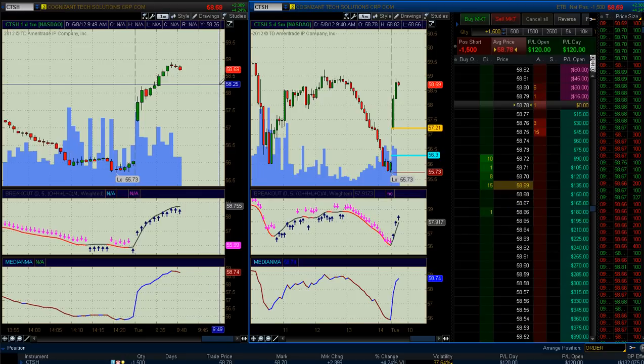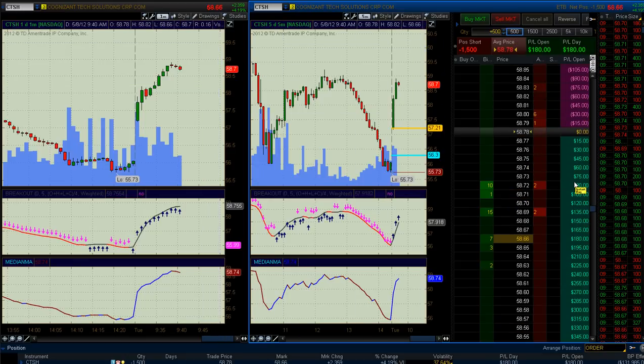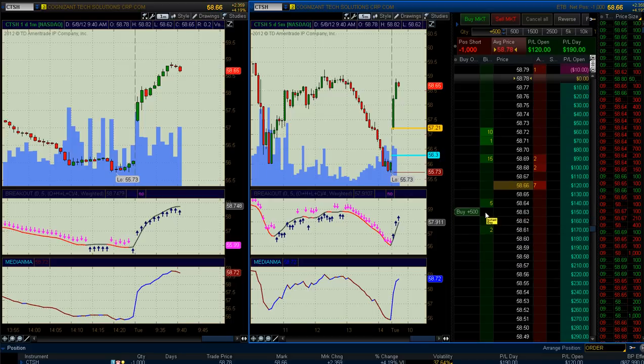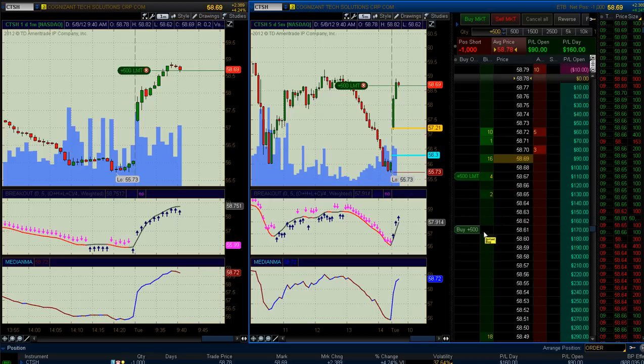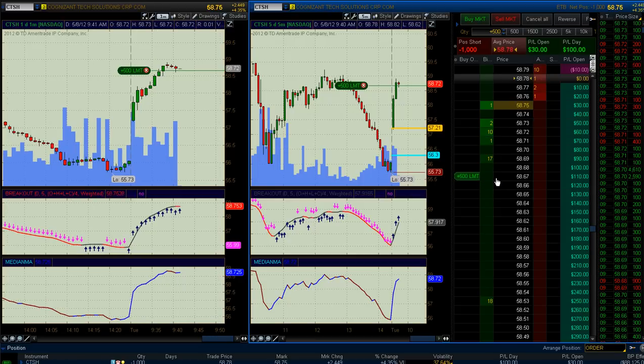All right, here we go. Start taking profits on the way down. Alright, got filled at 500. Actually, I'm going to take off 1,000. See that snapback?